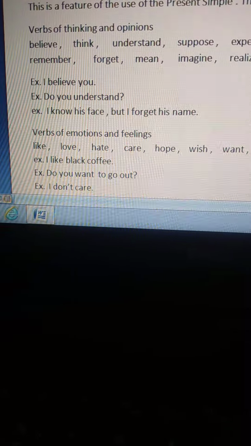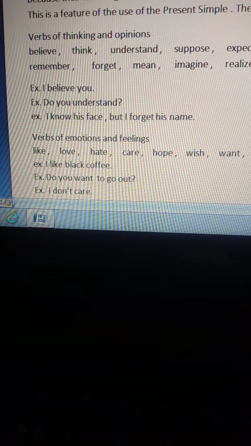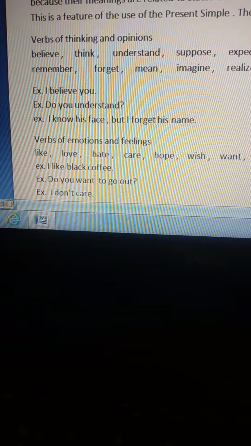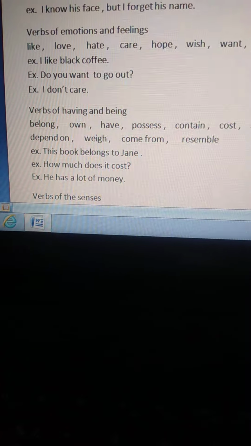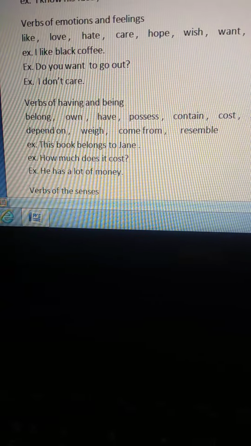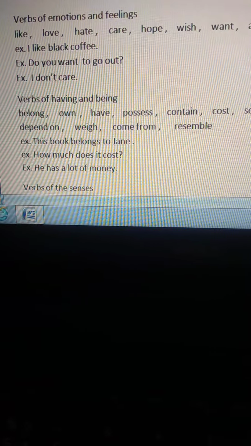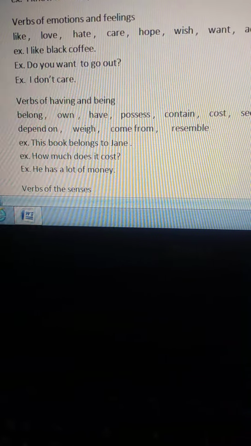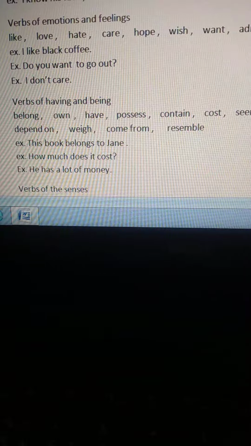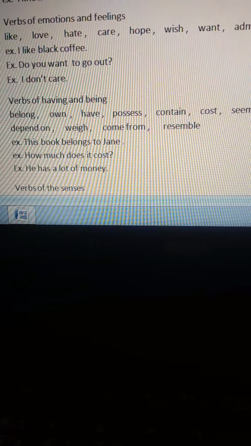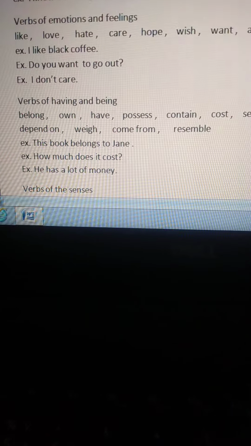Verbs of emotions and feelings. Example: like, love, hate, care, hope, wish, want, admit.